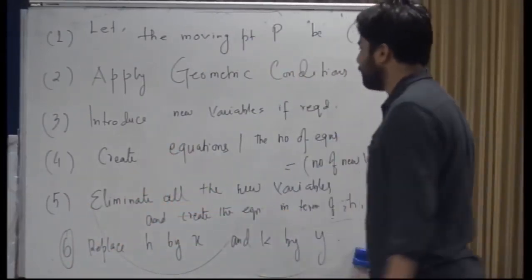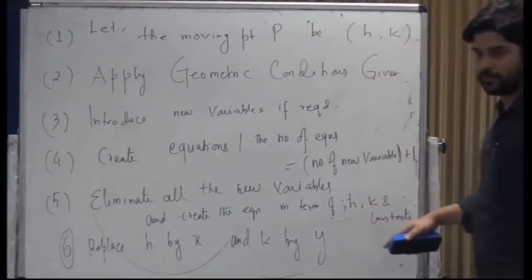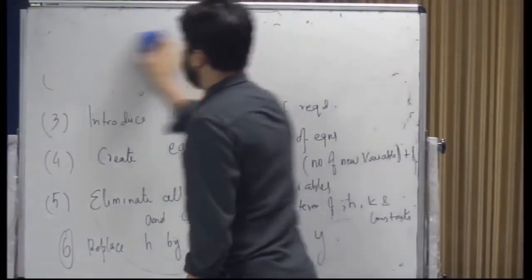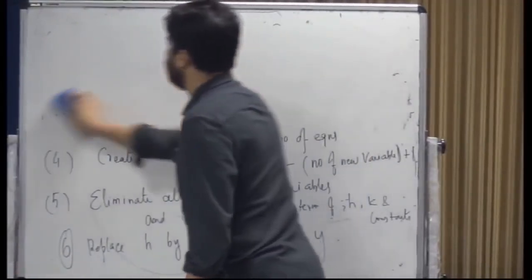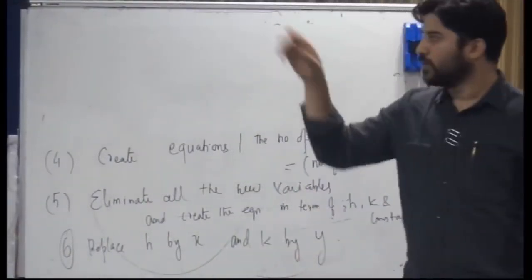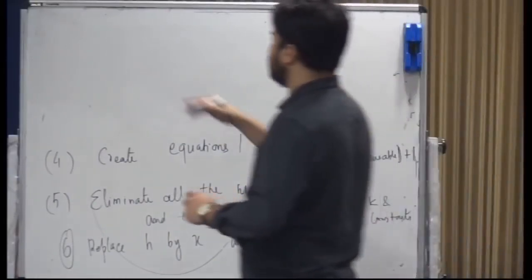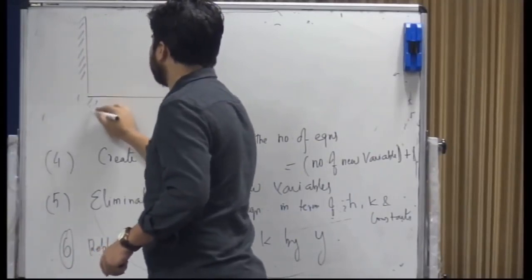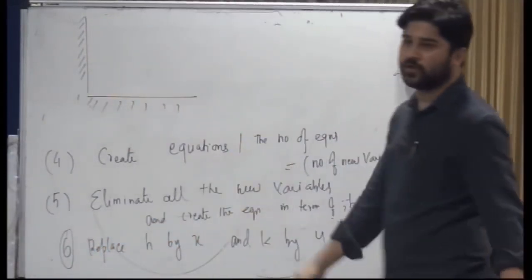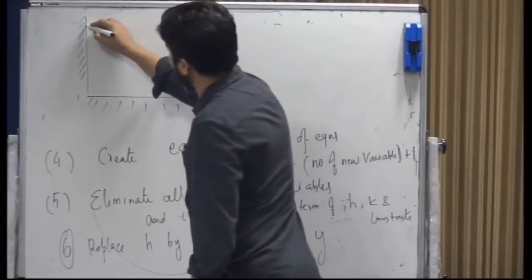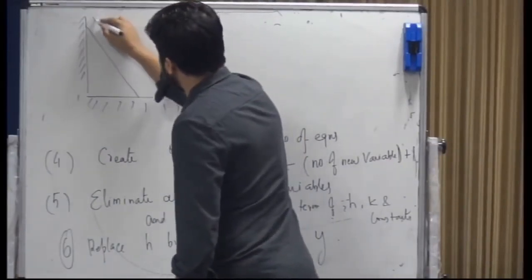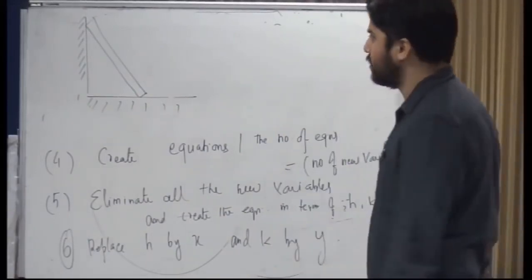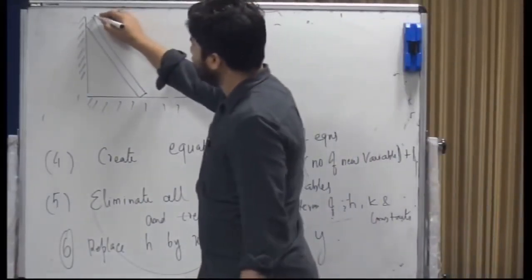Okay, let's see the first question. If you see on the board, you have a wall, and then you have one rod or stick of length.